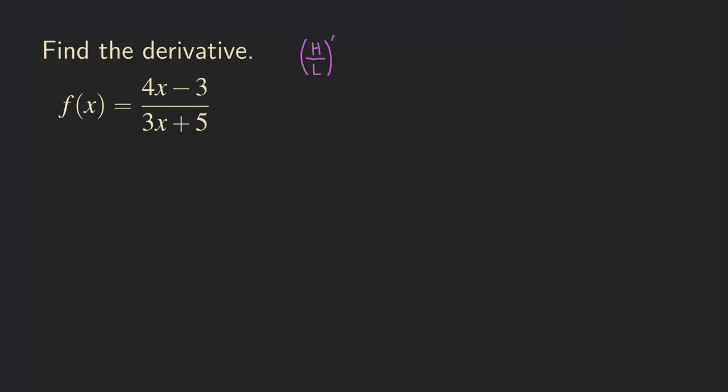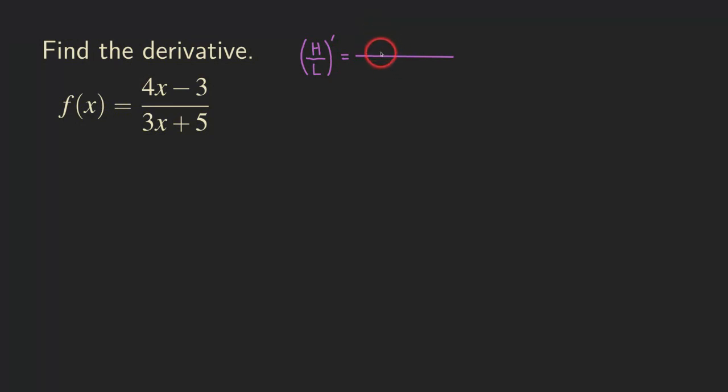What the quotient rule is saying is that we have a numerator and a denominator. The top part actually looks extremely similar to the product rule, except that in the middle, instead of a plus sign, we have a minus sign. Let me write it down so you can see how similar it is.